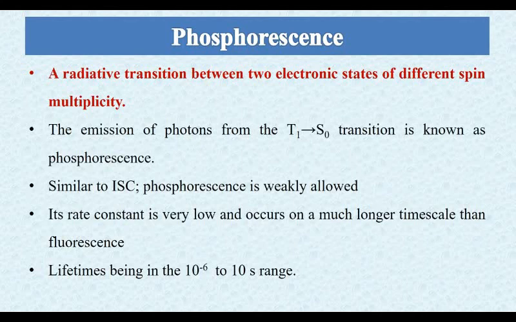The emission of a photon from T1 to S0 is known as phosphorescence. It is similar to inter-system crossing and it is weakly allowed. As it is weakly allowed, its rate constant is very slow and it occurs on a much longer time scale than fluorescence, which we will see in the next slide.